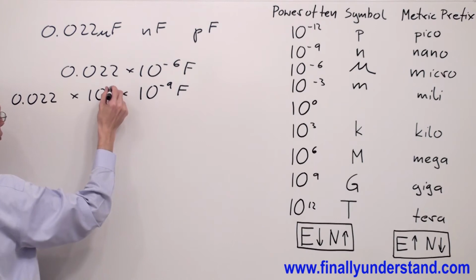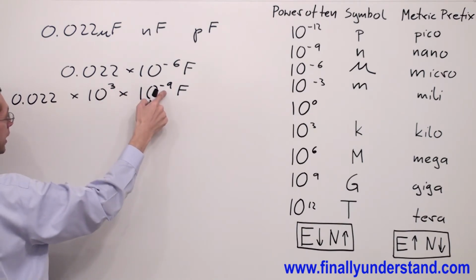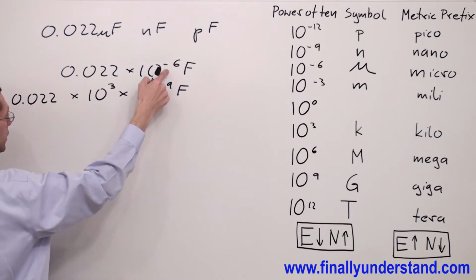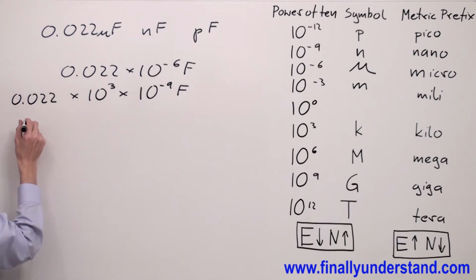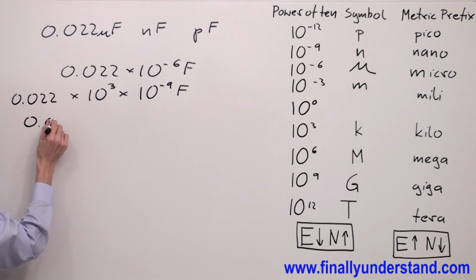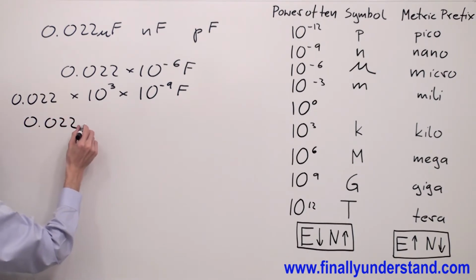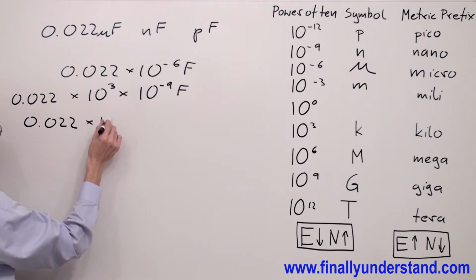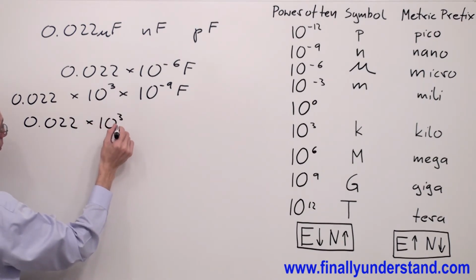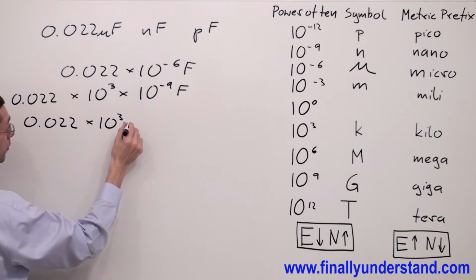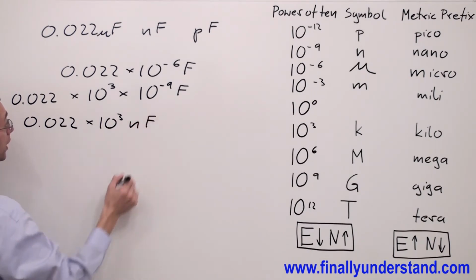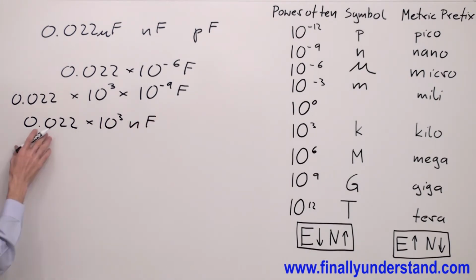That number is 3. 3 plus negative 9 gives me negative 6. That's why I can write this number as 0.022 times 10 to the third nanofarads.